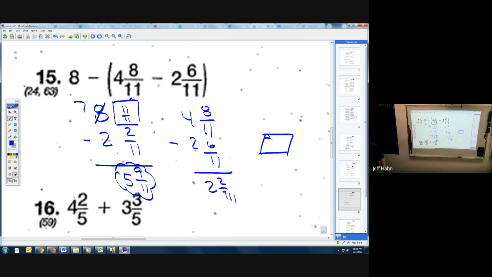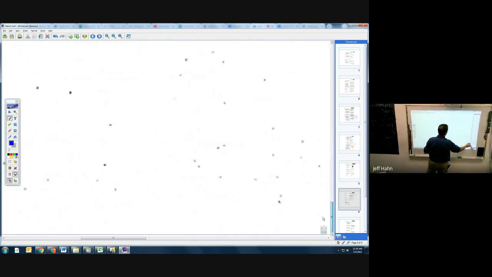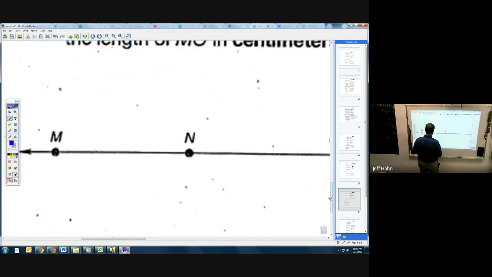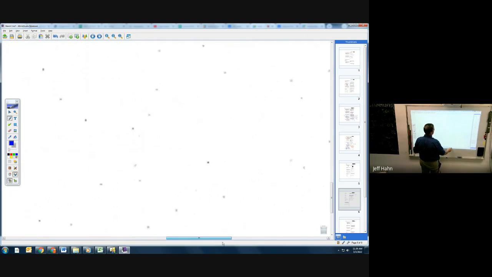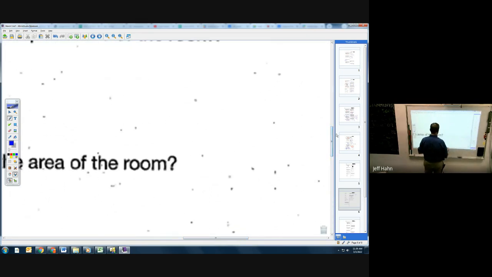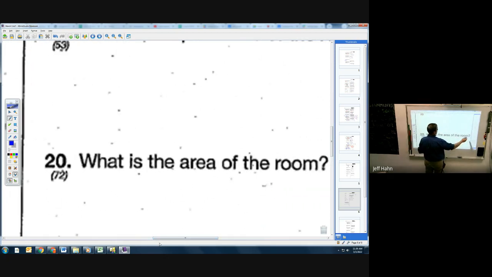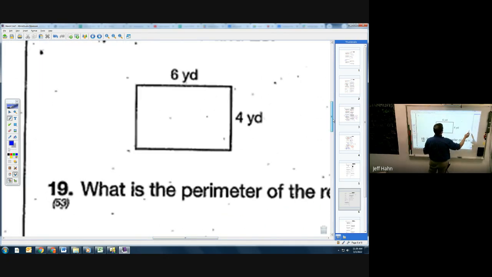Gav, I'd love to do number 20. Where'd number 20 go? Wait, don't worry, I'll find it. Aha. What is the area of the room? I'm assuming the room's up here.